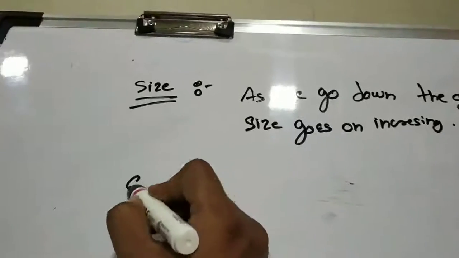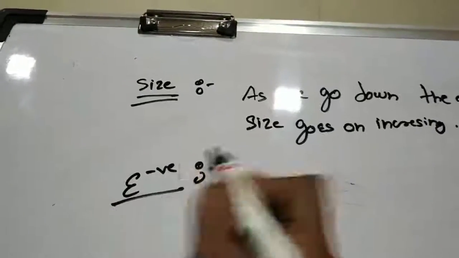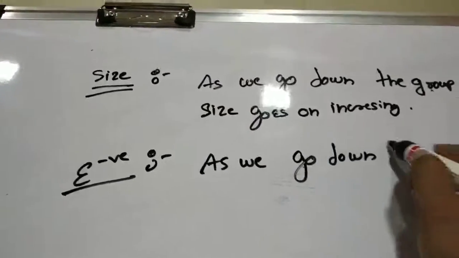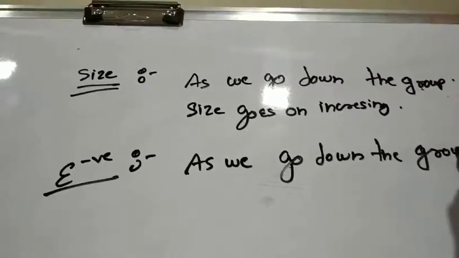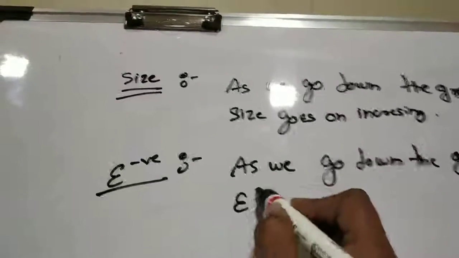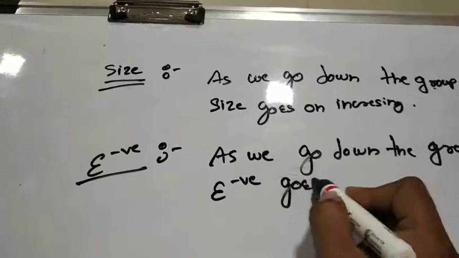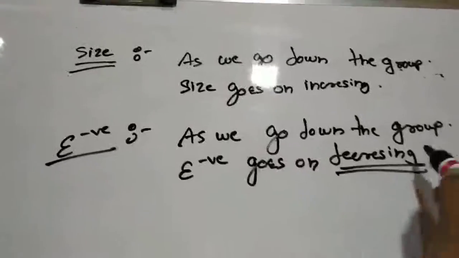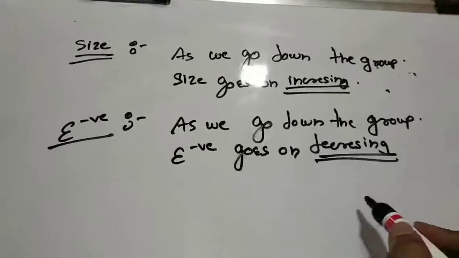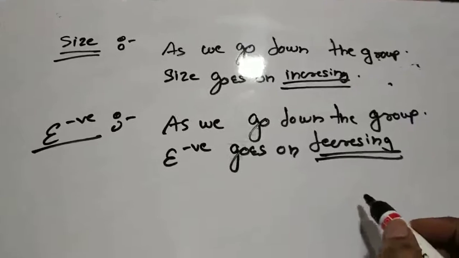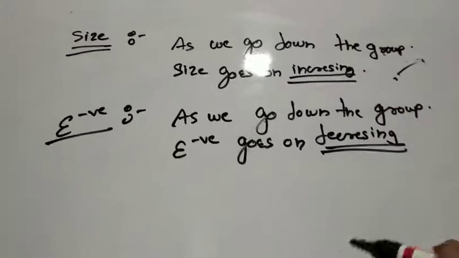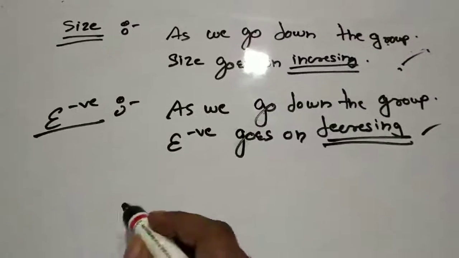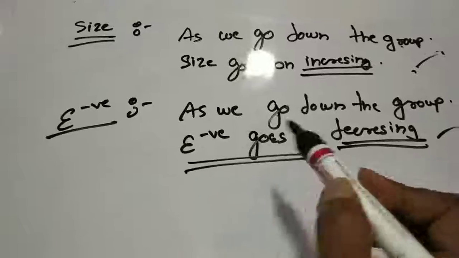And what happens to the electronegativity? As we go down the group, electronegativity goes on decreasing, right? So my dear students, you have to remember this trend. It can be asked in the board exam, right? As we go down the group, size goes on increasing, and electronegativity goes on decreasing.